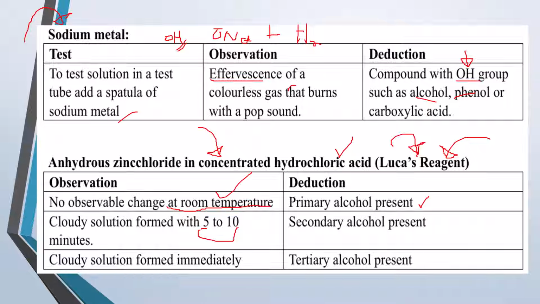You don't give us the range, but for theory, you give the range because you didn't carry out the practical. So you say a cloudy solution formed between 5 to 10 minutes in theory, but in practicals, you specify the time because we give you the stop clock.